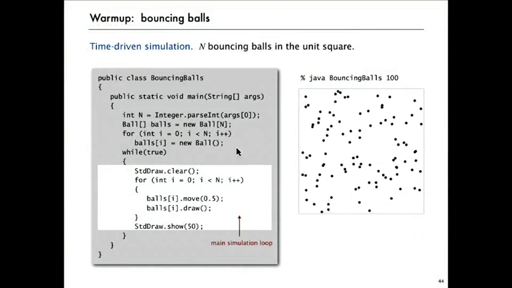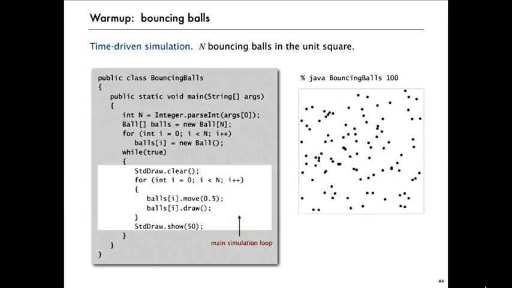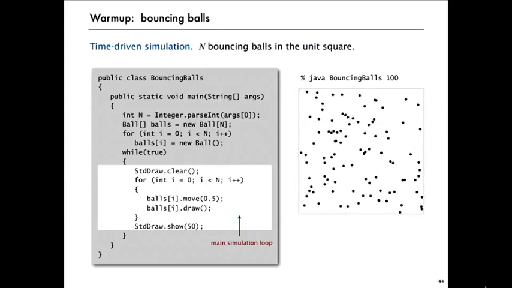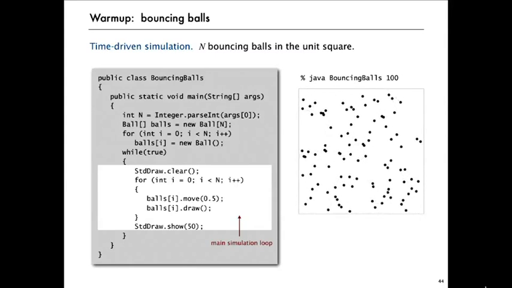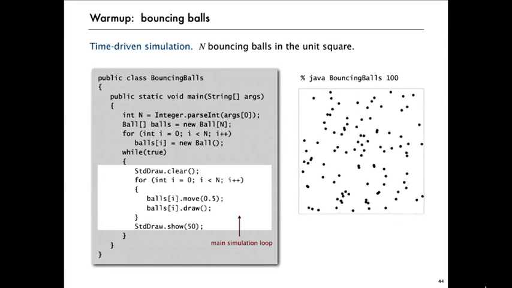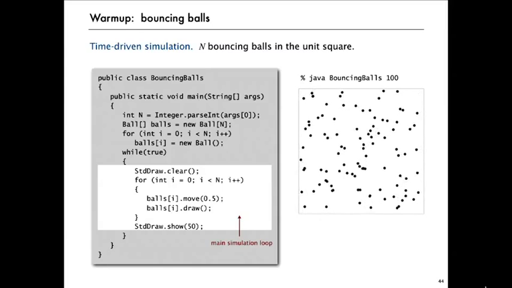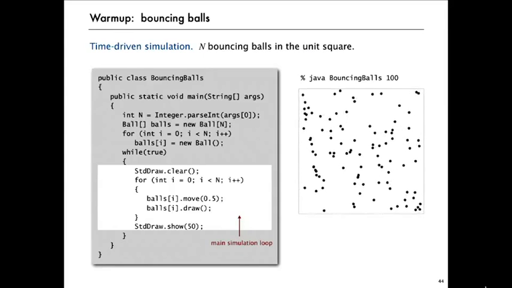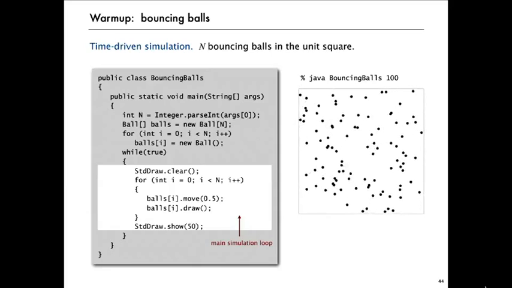We have a data type called ball that represents just one of the particles and has instance variables for the position and the velocity. We make a bunch of them, and then we have a while loop, which just, every 50 milliseconds, clears the whole drawing, moves the balls a little bit, and draws them in their current position.